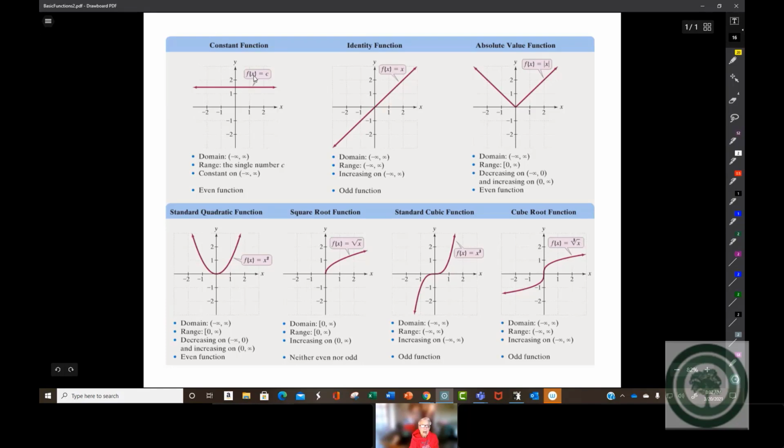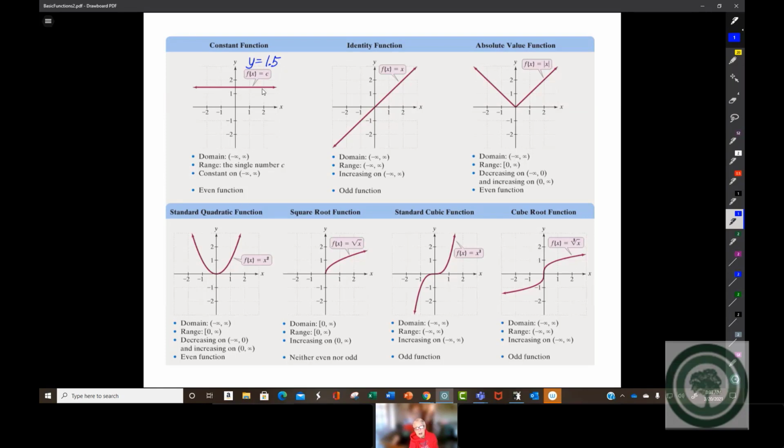I'm going to write these the way you're more accustomed to seeing them. This would be like y equals 1.5.